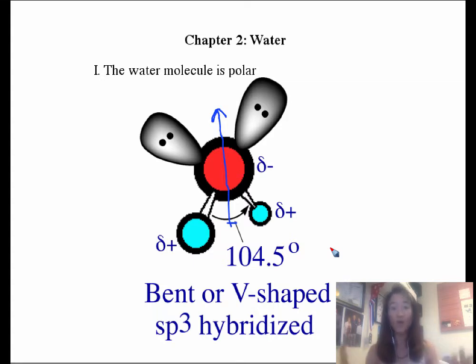Now that is also what gives this molecule its shape. So the overall dipole moment on a water molecule comes not only from the electronegativity differences in the atoms, but it also comes from the shape. Of course, a counterexample is carbon dioxide, because carbon dioxide also has a difference in electronegativity between the carbon and the oxygen.